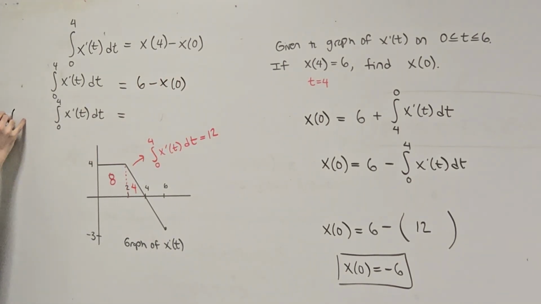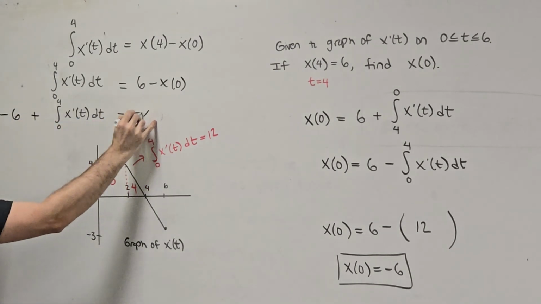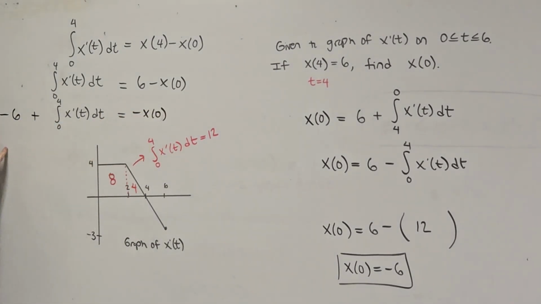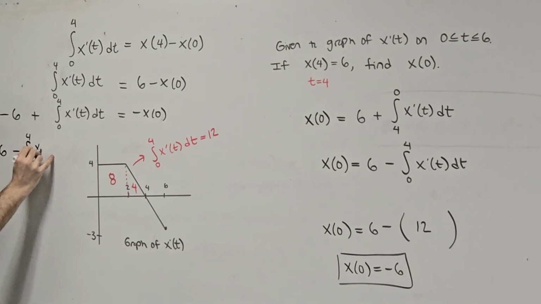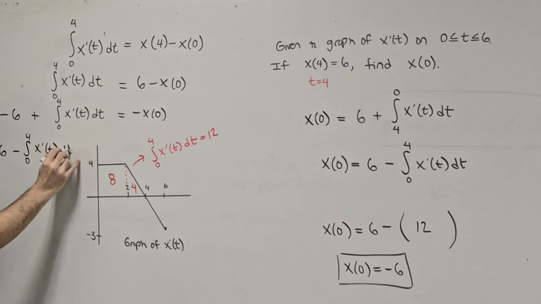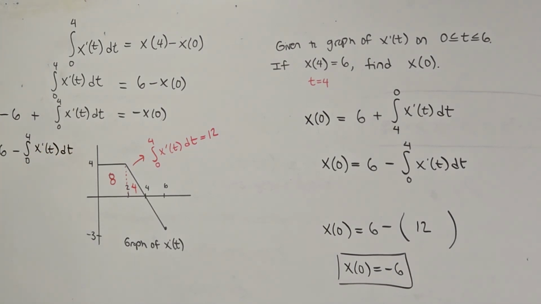I could subtract 6 over. Multiply both sides by a negative, and then you still land on the same statement.